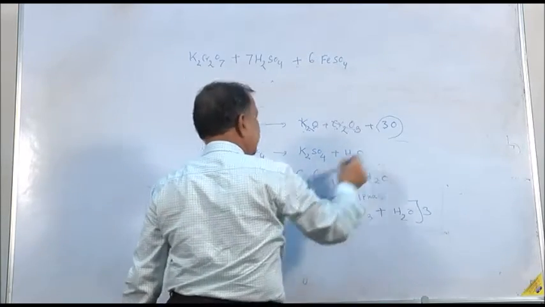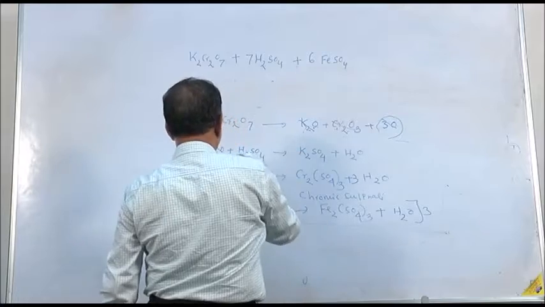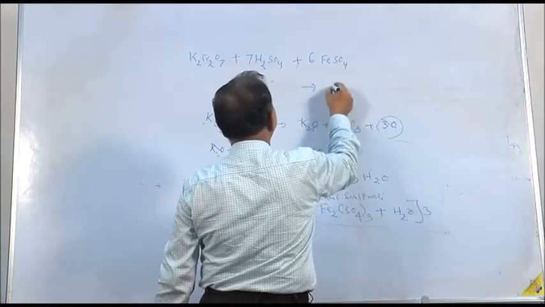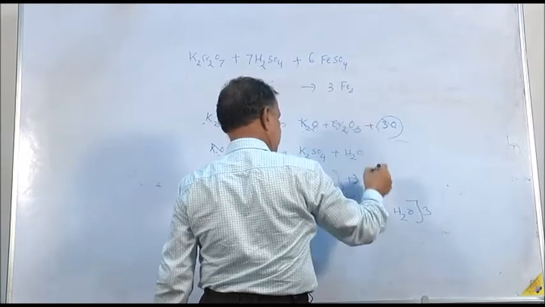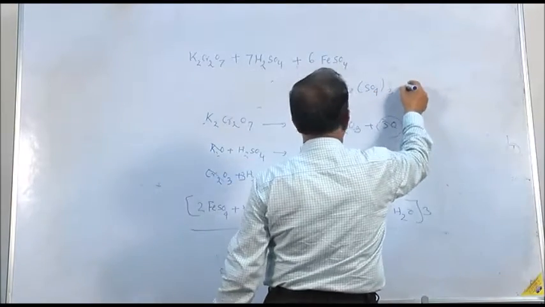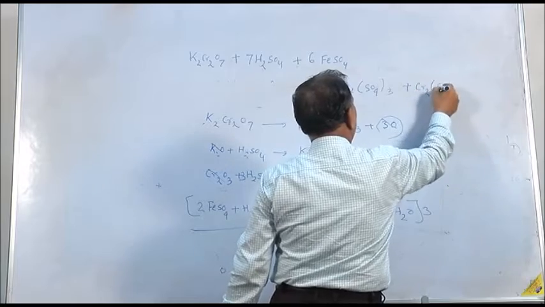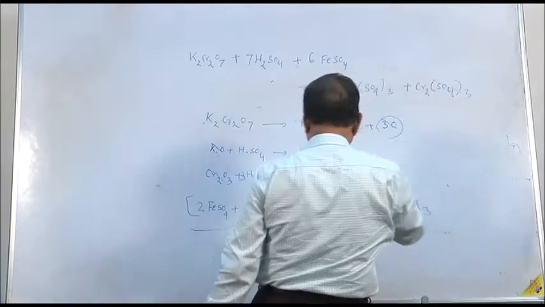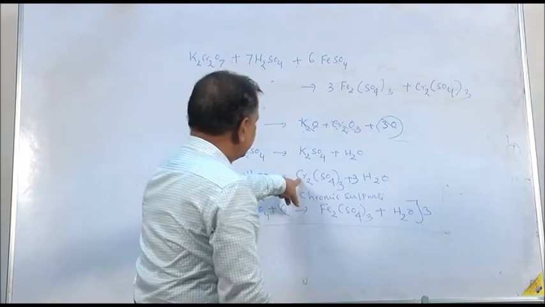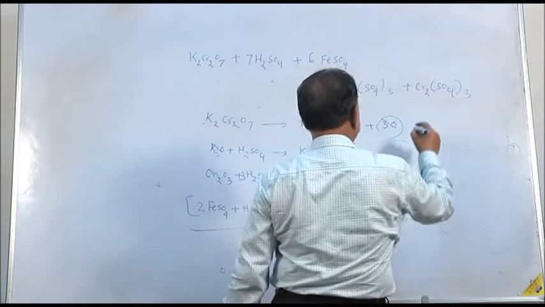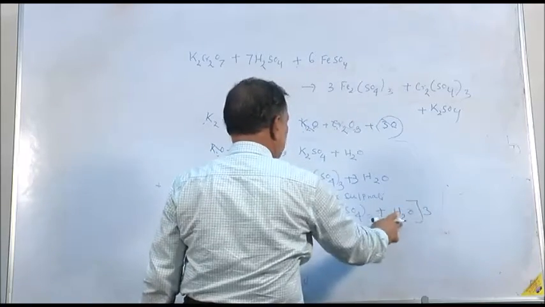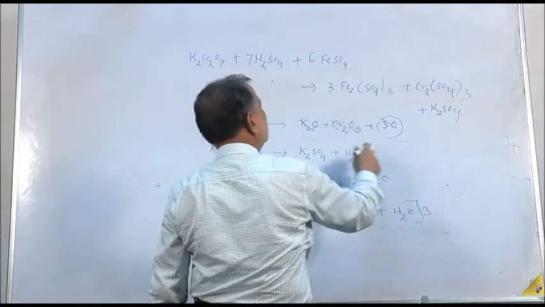This oxygen is cancelled, the whole part is cancelled, and the result is 3Fe2(SO4)3, Cr2(SO4)3, K2SO4 plus 7H2O, and so the 3H2O, 6H2O and 1H2O give plus 7H2O.